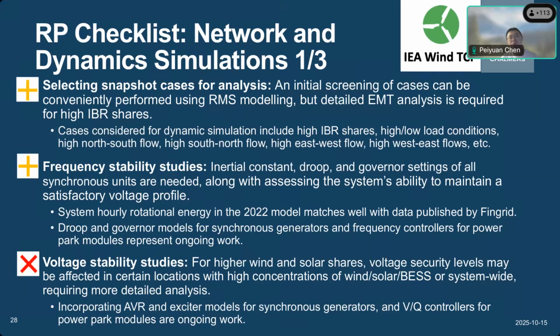And since Sweden and the whole Nordic system is such a long country, we will look at very high north to south flows, and then also the opposite, high south to north flows, and then also east to west from Finland to Norway, and Norway to Finland. So we were trying to look at these scenarios to filter out the scenarios for analysis.